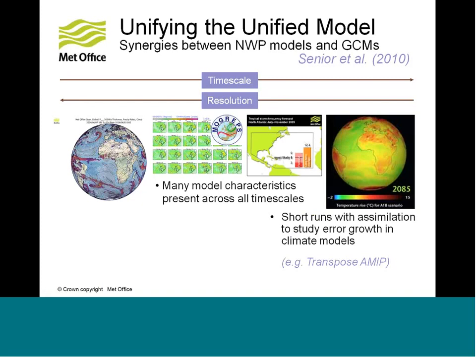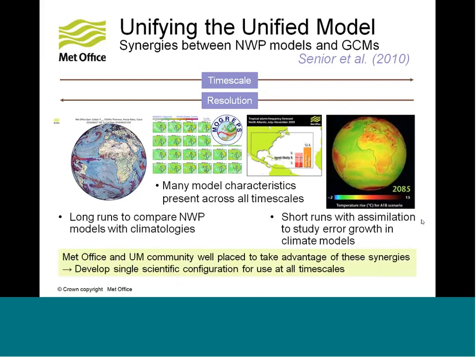An obvious example of this is the Transpose-AMIP framework. On the shorter forecast range side, NWP centers are increasingly running their models out to longer timescales than they produce forecasts for, in order to confirm whether they have a reasonable climatology. And again, it's seen that a model that produces a good day one forecast and has a reasonable climatology is much better than one where the climatology drifts off into an unrealistic state.